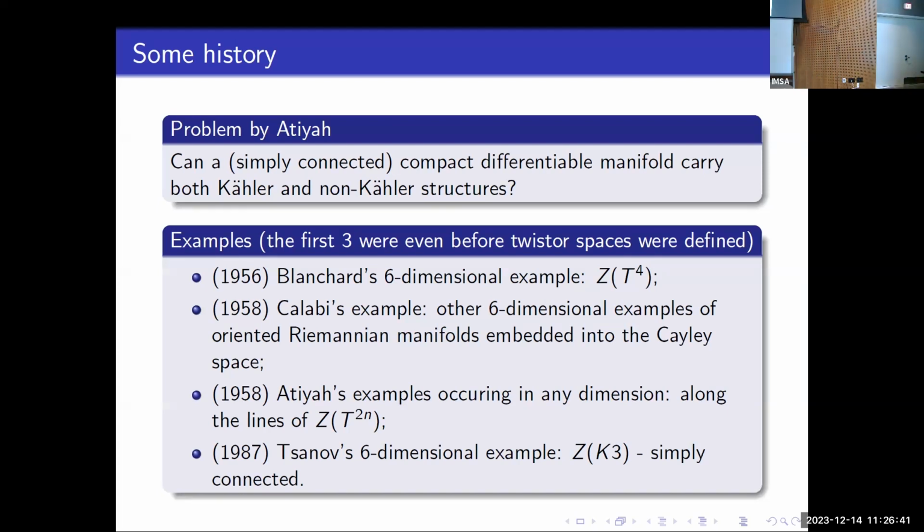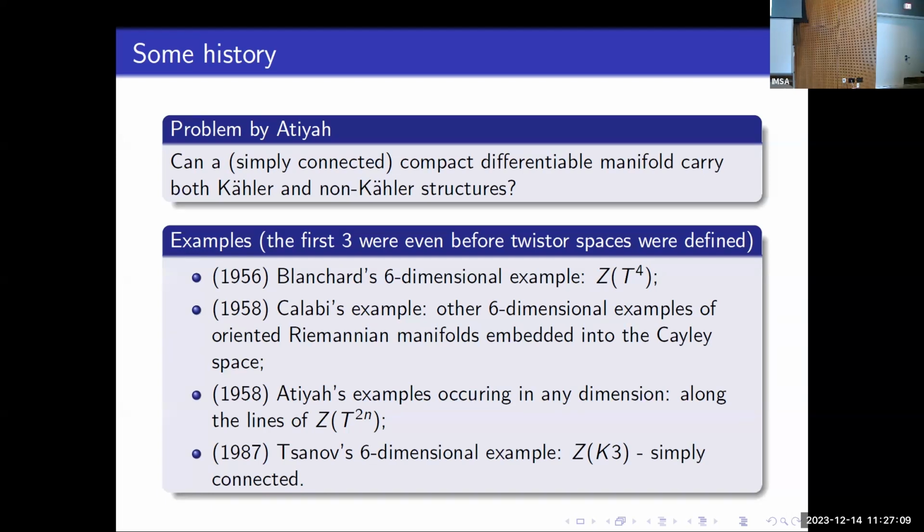So if it is the twistor fibration, then the fiber is Gamma n, which is SO(2n) modulo U(n). And Michael was doing a very similar fibration, however, for O(2n) modulo U(n).